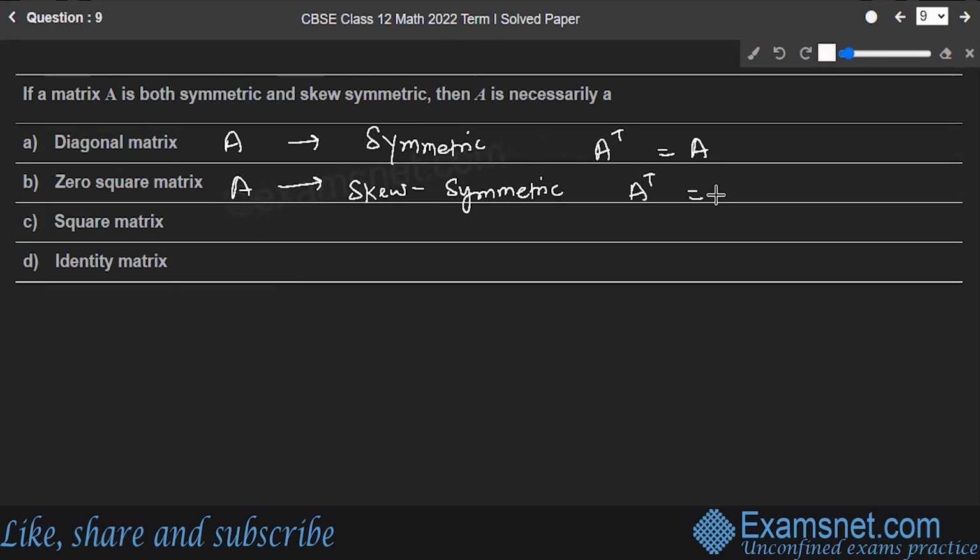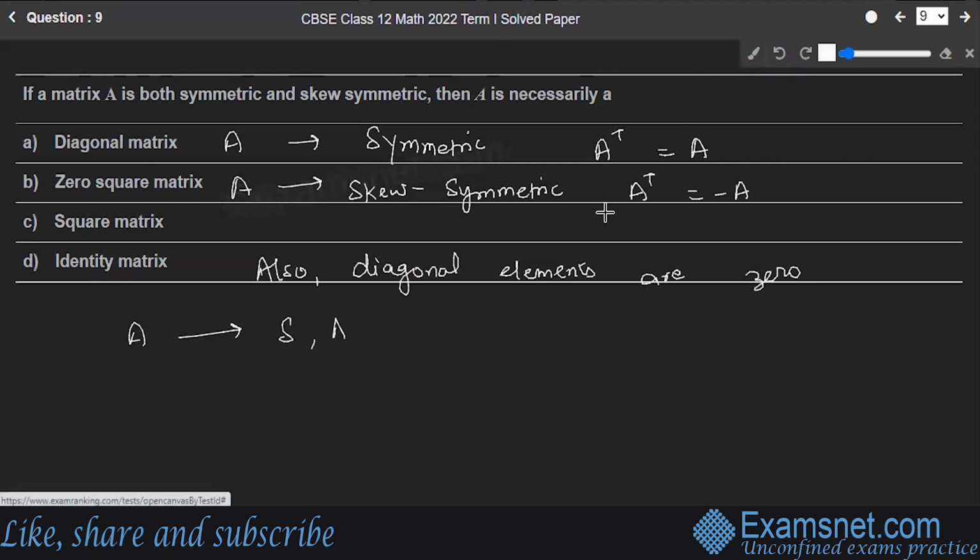It means A transpose is equal to minus A, right? Also, the diagonal elements are 0. Now, it is given that A is both symmetric as well as skew symmetric.